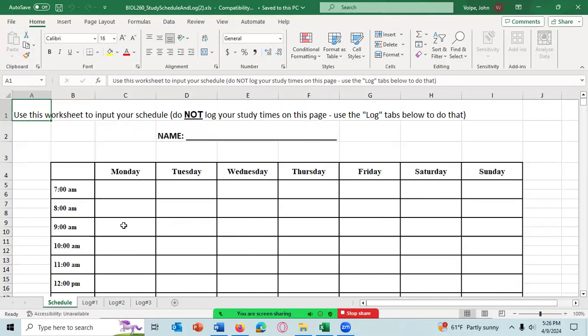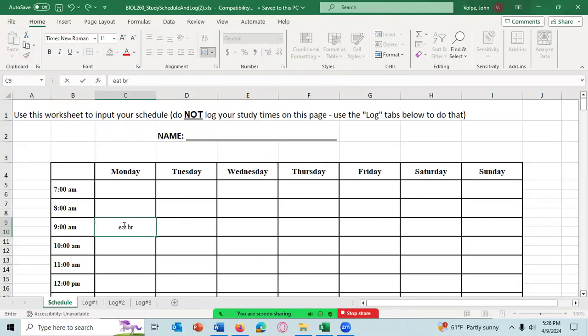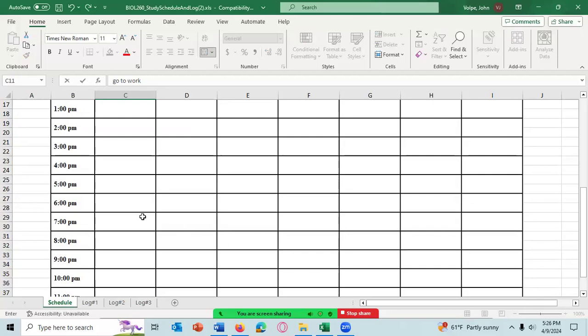So when you get up in the morning, like 8 a.m., get up, eat breakfast. 10 a.m., go to work. 5 p.m., come home. 6, dinner. 7, 8, study.